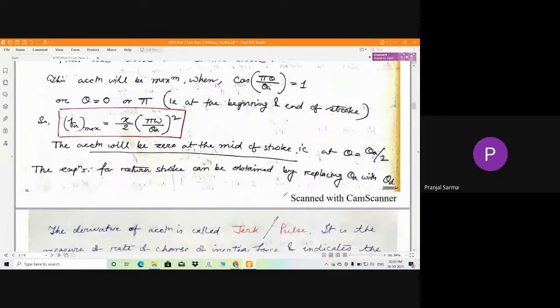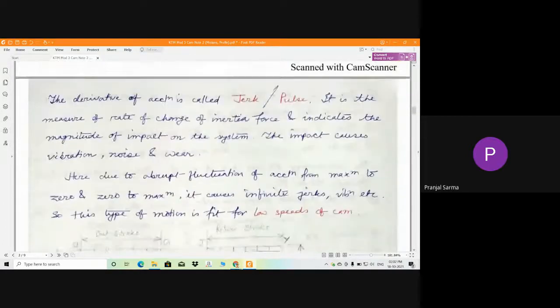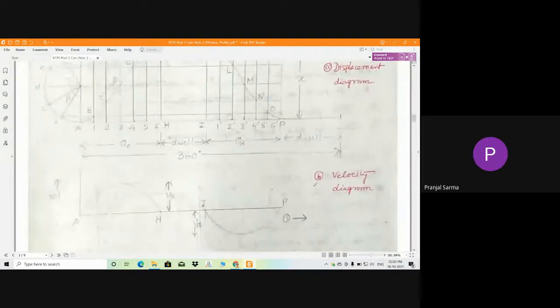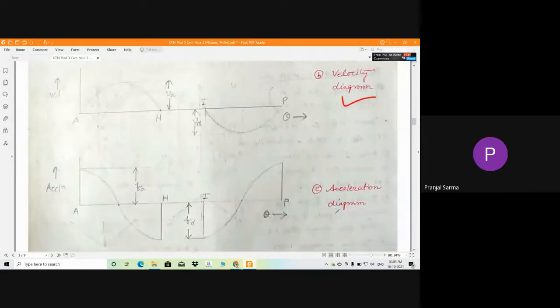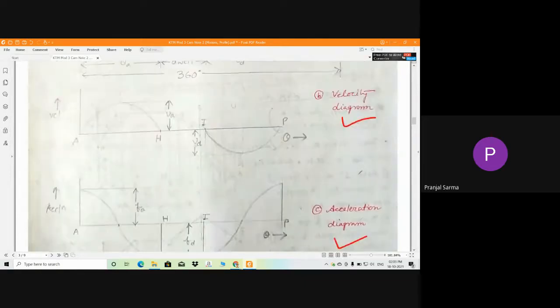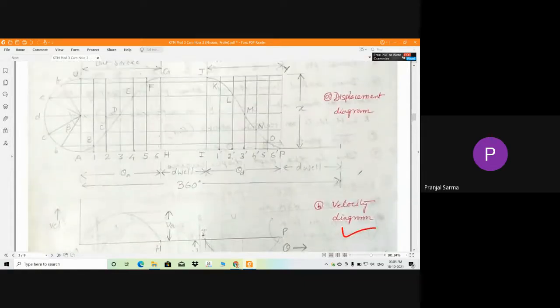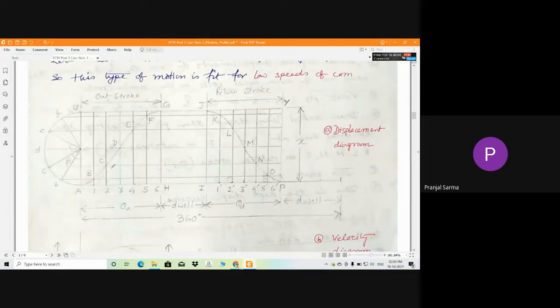After that, we discussed how the velocity diagram and the acceleration diagram have to be drawn for the SHM case. I hope these two are clear. So today we are left with the displacement diagram for SHM, right?